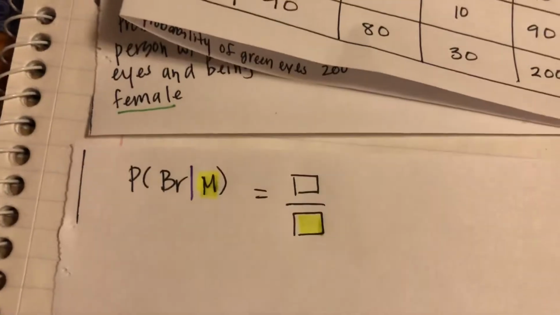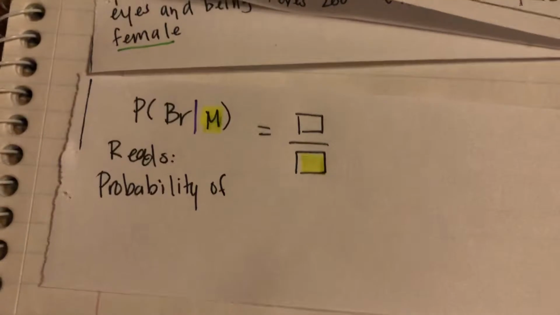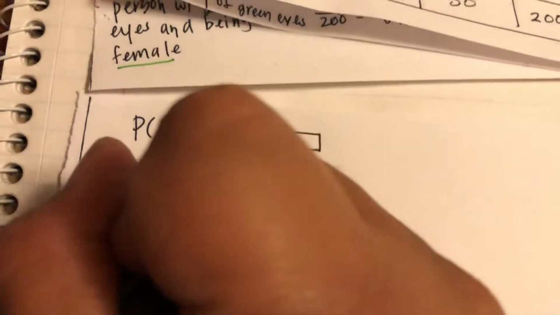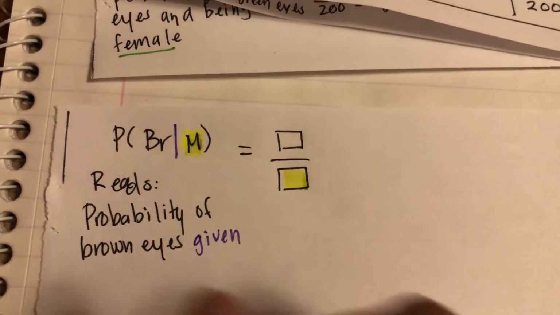This would read just like I said it, but again, this is your example for you to keep and to hold and to cherish. Haha, just kidding. And it reads probability of brown eyes given, and I'm going to write that in purple, hopefully you guys can see it's purple, given they are male.